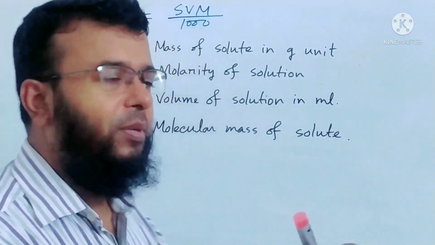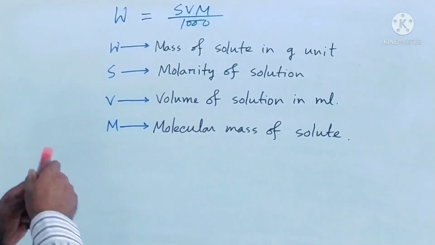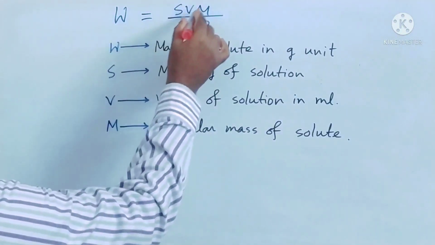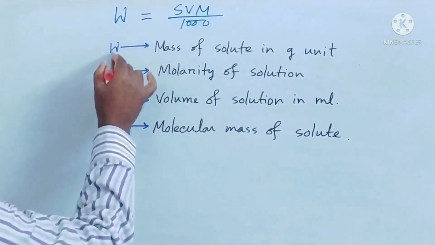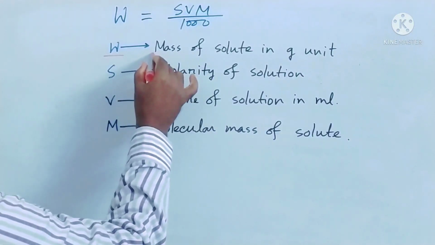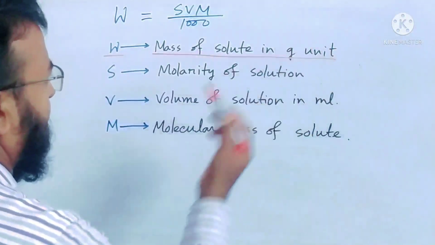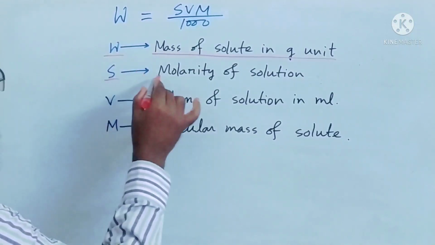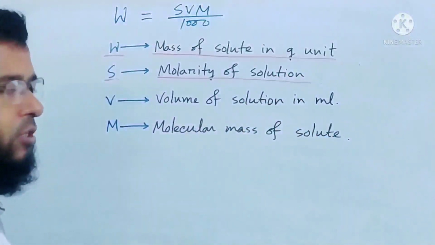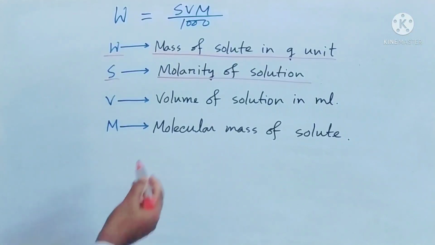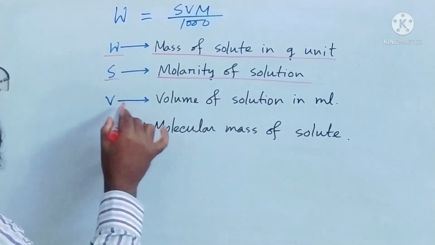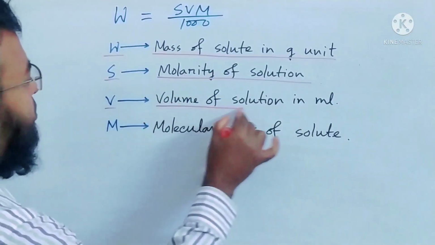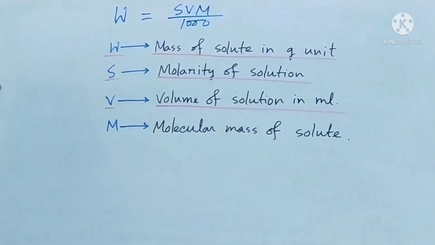Okay, now for doing the mathematical problems, there is a formula. Everybody see that W equals S B M divided by 1000. What is W? I have written it is the mass of solute in gram unit. Then second one, what is S? It is the molarity of solution. We have discussed about the molarity. Then V, it is the volume of solution in milliliter.